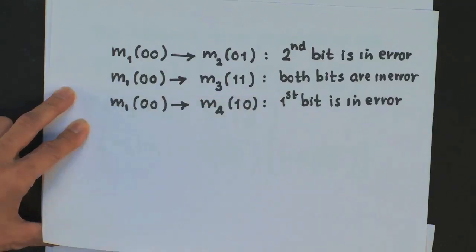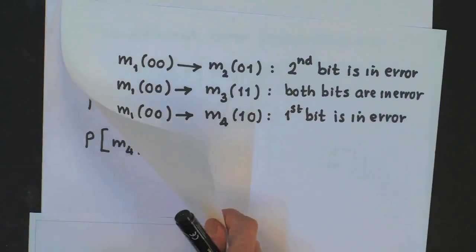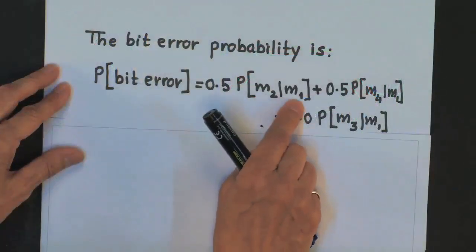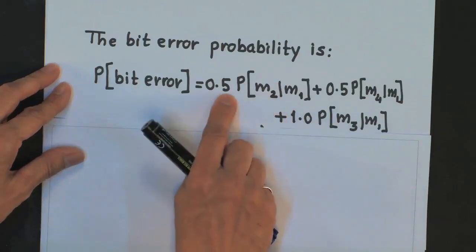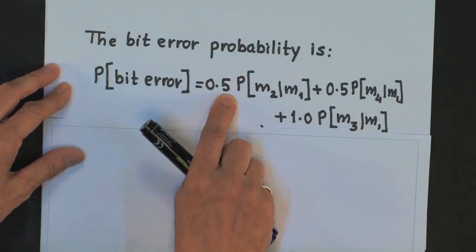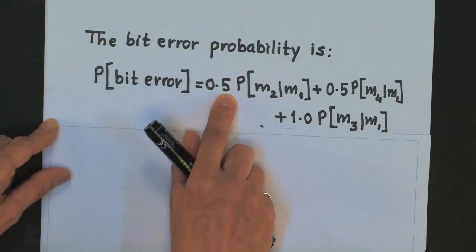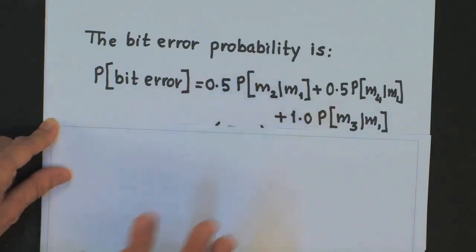With this philosophy, we can write the bit error probability as follows. This is the probability, given M1 has been transmitted, of decoding as M2, and you multiply this by 0.5 because the chosen bit is in error with a probability of 0.5.